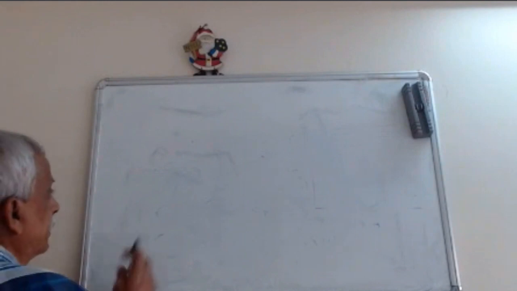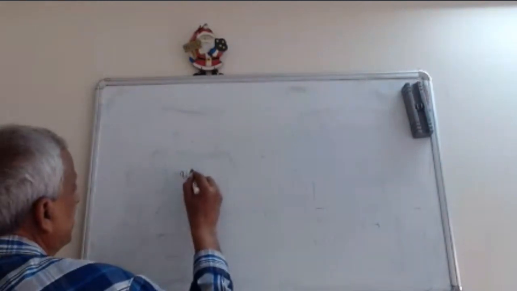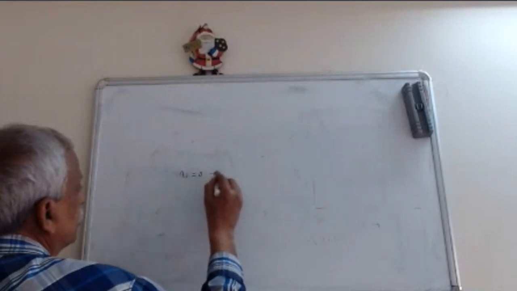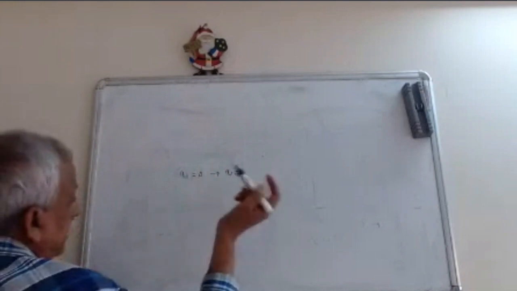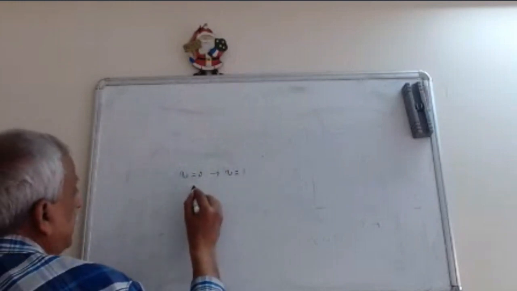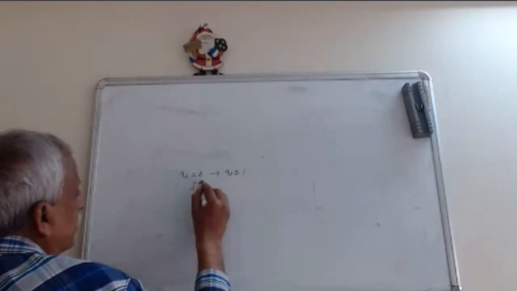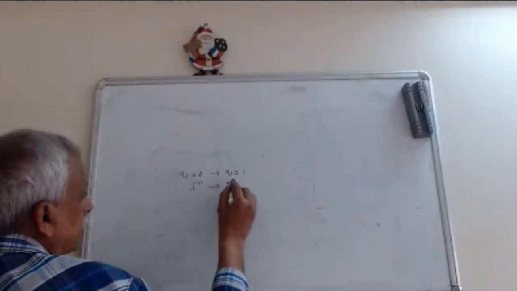We have a transition, say, V equal to 0 to V equal to 1, and side by side you are going from J double prime to J single prime.